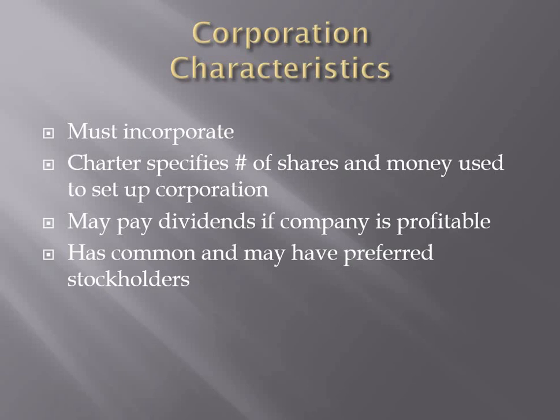Profits of the company get distributed to the owners through what are called dividends. It essentially is just a payment to shareholders. We talked about that when we talked about the stock market game. There's also common stock, may have preferred stockholders. That just gets into some detailed structure stuff, not as important, but just know that ownership is dictated by how much stock you own in the company.